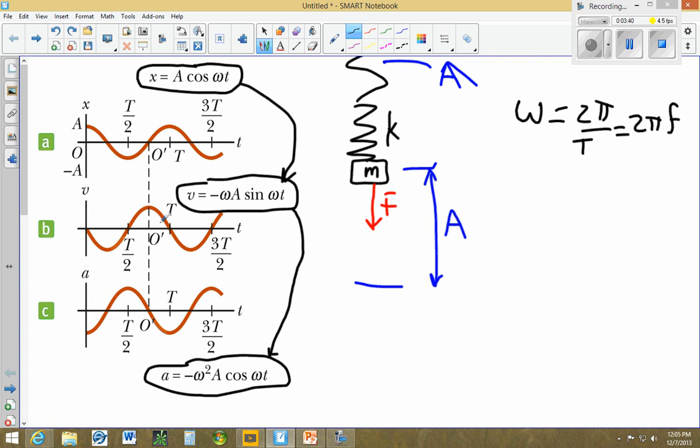Here's the interesting thing. See this dotted line? When the velocity is at its max, in other words, it's moving as fast as it's going to move, the x position is 0.